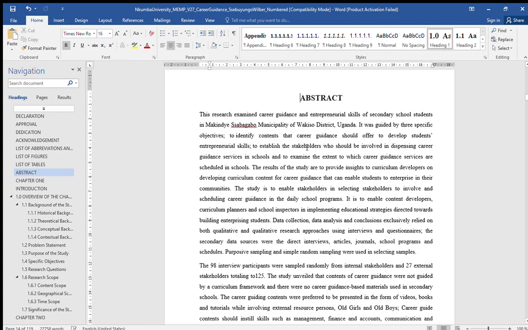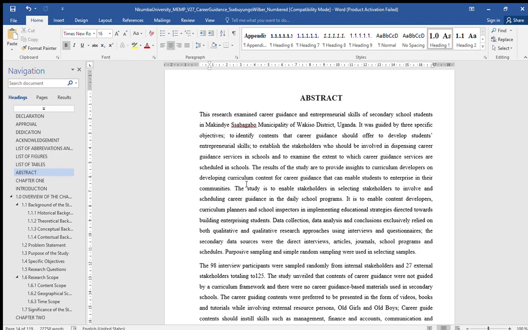This is put here because this was a dissertation. But for proposals, you should not have abstracts. When we find an abstract in a proposal, it automatically tells us that you have copied this work from finished work, that your proposal is just picked from something that has been completed.